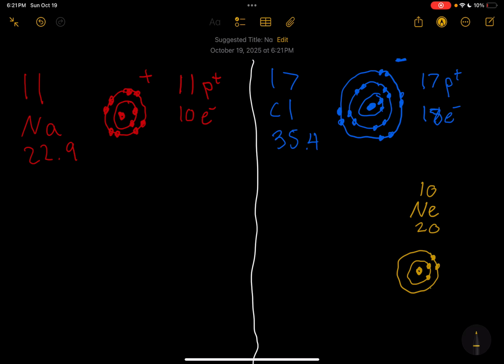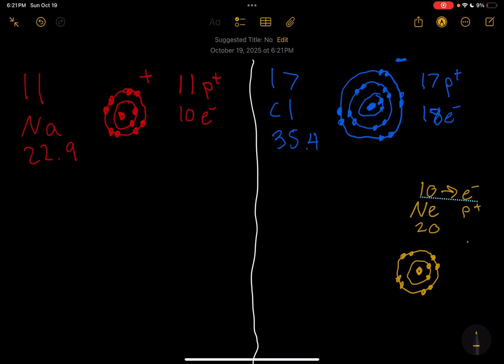So 1, 2, 3, 4, 5, 6, 7, 8. We know that it has 10 electrons and it has 10 protons. So we see that in its atomic form, its shells are already full. It doesn't need to gain or lose electrons. That's why neon is called a noble gas, because it has no need to leave its atom form.